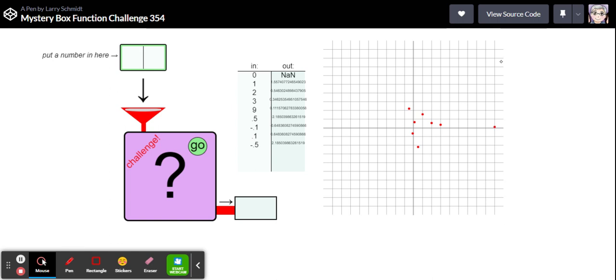What happens further off in the negatives? So let's do negative 2. Yeah, same kind of symmetry. Let's do negative 3. And negative 9. Wow.